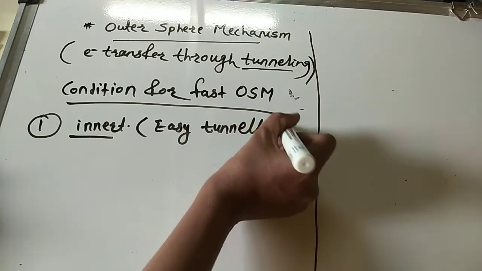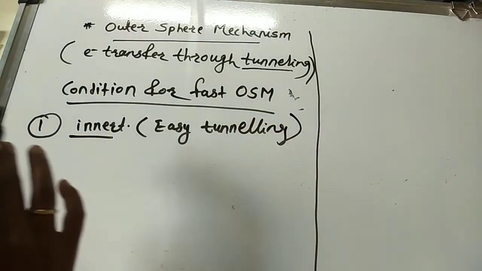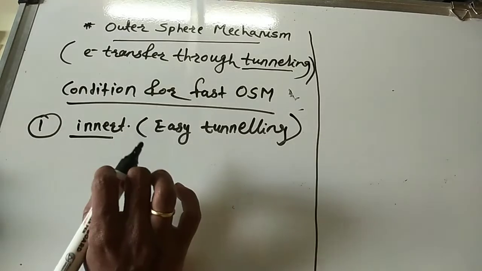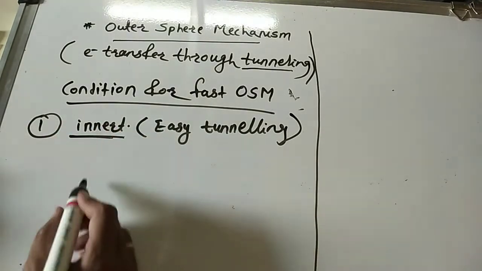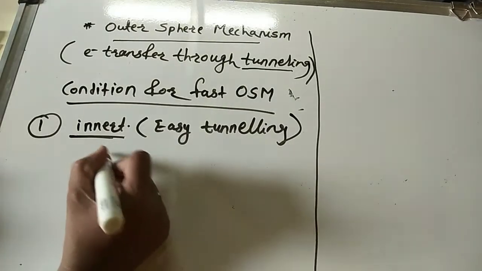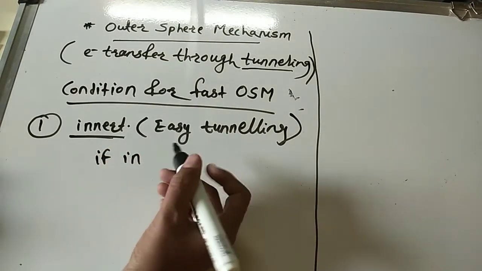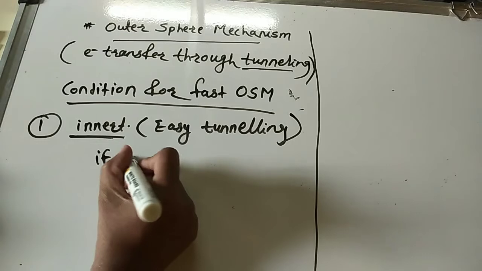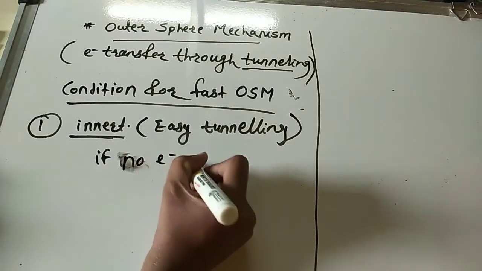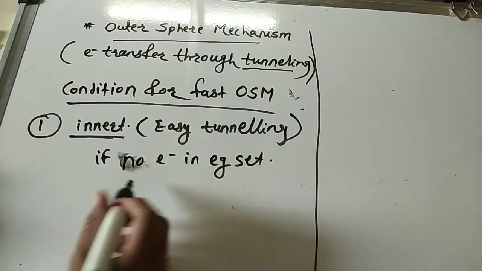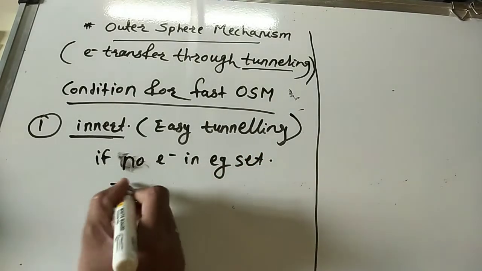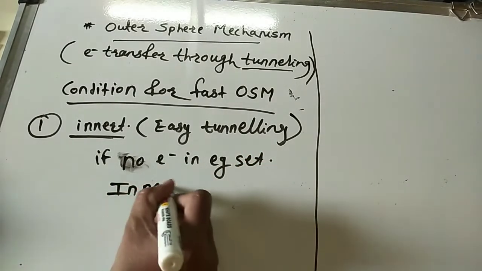Easy tunneling means electron transfer from one complex to another complex occurs easily. What is inertness? If there is no electron in the eg set, then such a complex is called an inert complex.